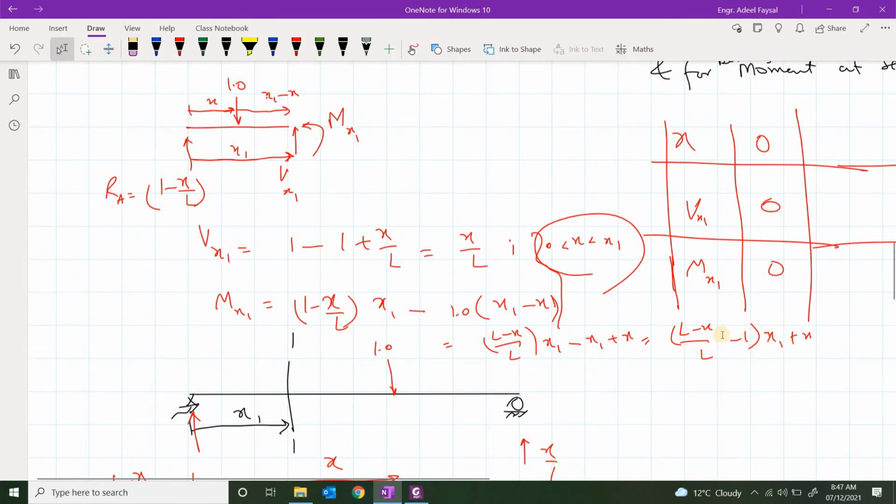So if you put x equal to x1 in this expression, what do you think would be the answer? L minus x1 over L, or maybe I can use the previous one because this seems a little more bulky. So if you put x equal to x1 in this expression, what do you think will be the answer? 1 minus x1 over L times x1 minus x1 plus x1.